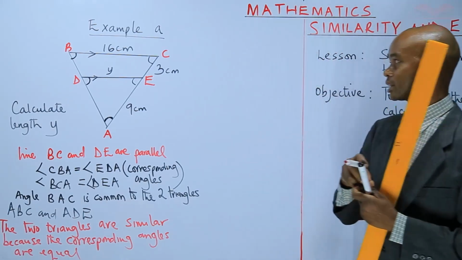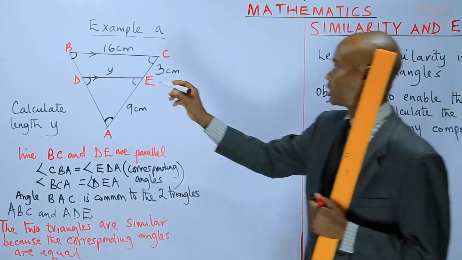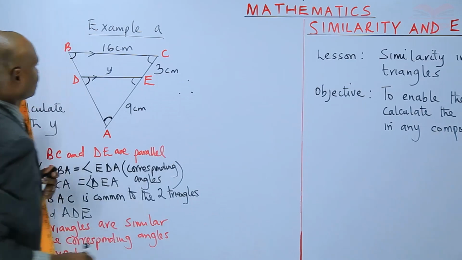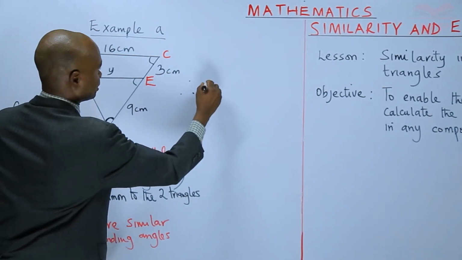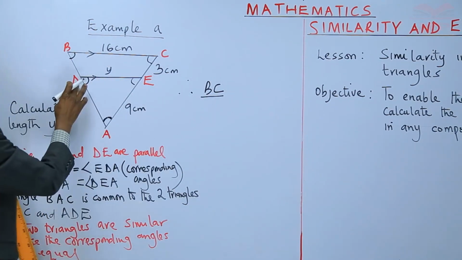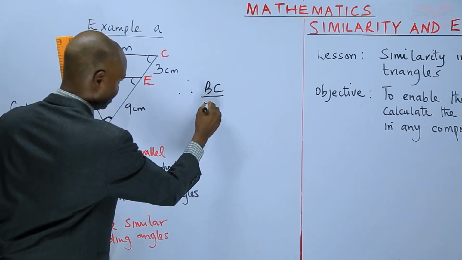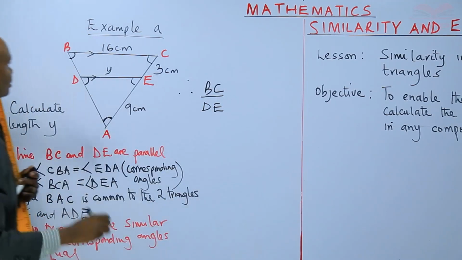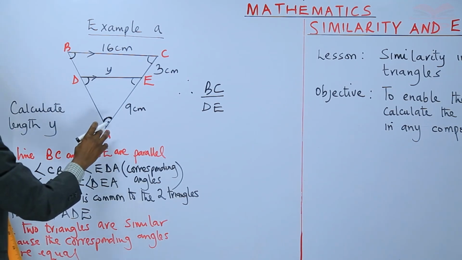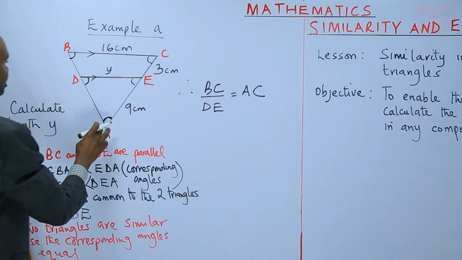So I'll go to what we call the corresponding sides. We can write therefore, BC divided by its corresponding side in the other, DE, should be equal to AC over AE.